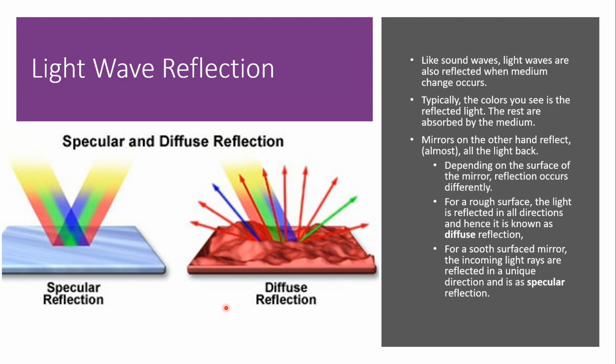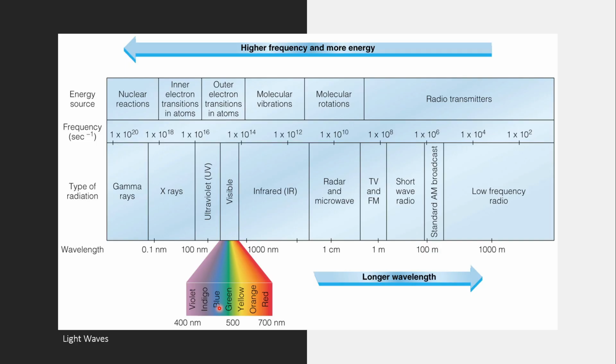But more importantly, light waves are still waves, and they're going to reflect when they pass through a medium. So when we are looking at colors, that is essentially what? If you're shining white light onto anything, when it shines onto a color, all of those visible light zones, remember the 7 colors that we saw in the previous slide, your violet, indigo, blue, green, yellow, orange, red, all of those colors are combining together to create white light.